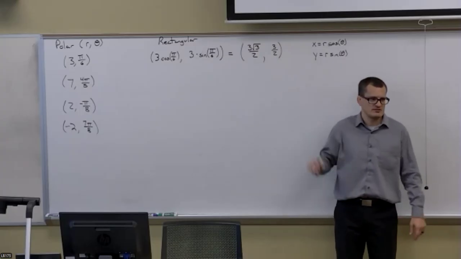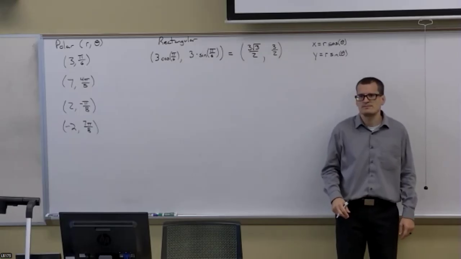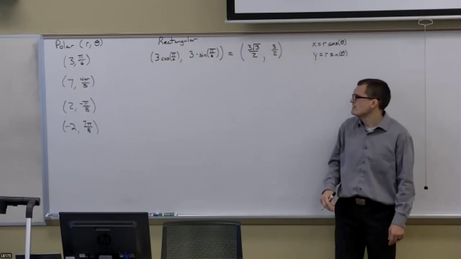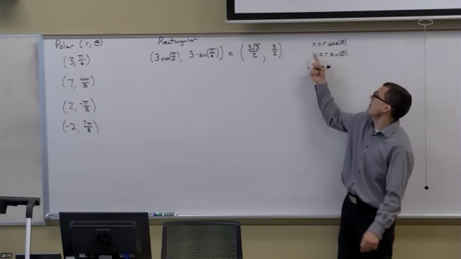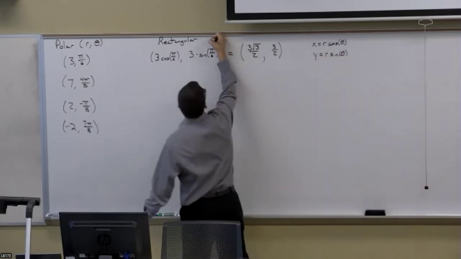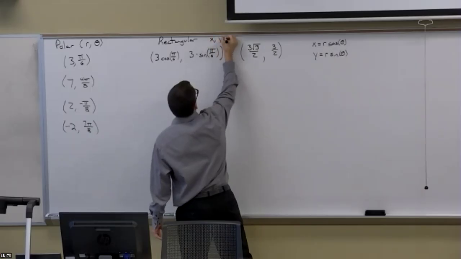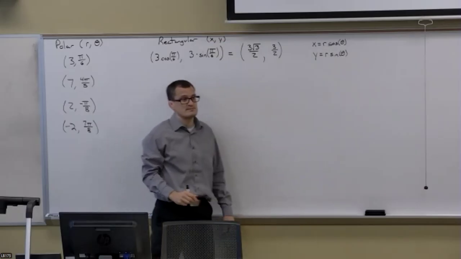On Moodle, you can round to 2 decimal places or something like that. So it's just that straightforward. It's just plug in r cosine theta. That'll give you your x value, and then the y value will be given by r sine theta.